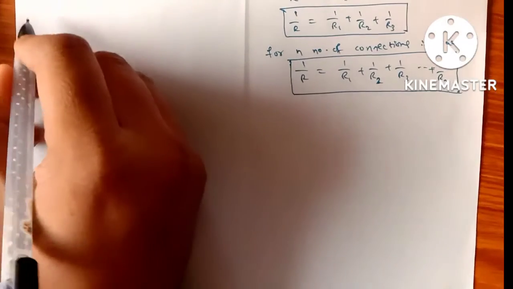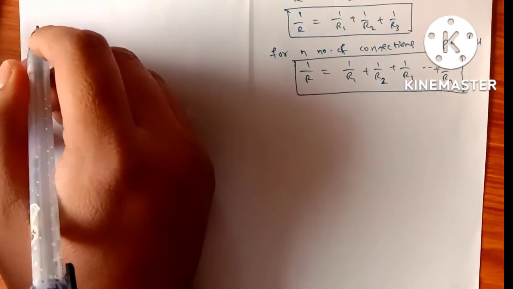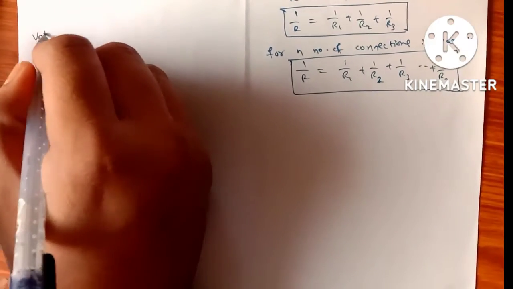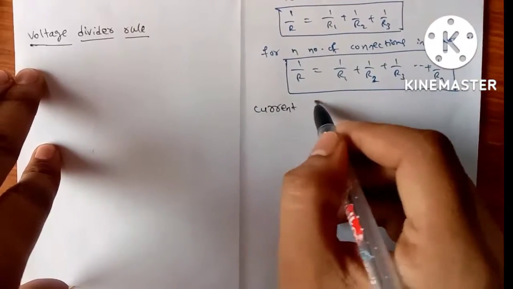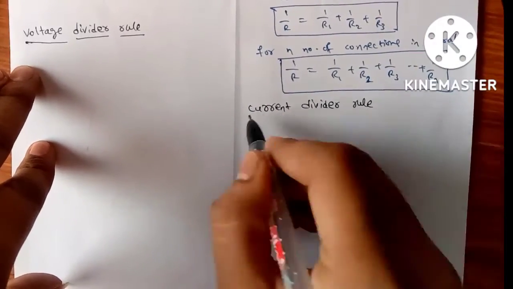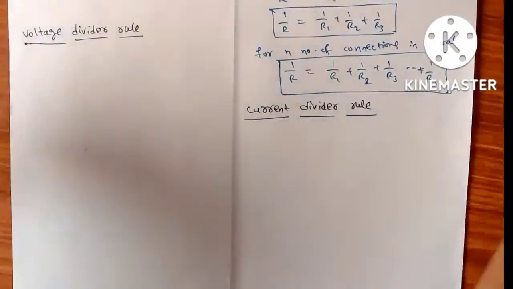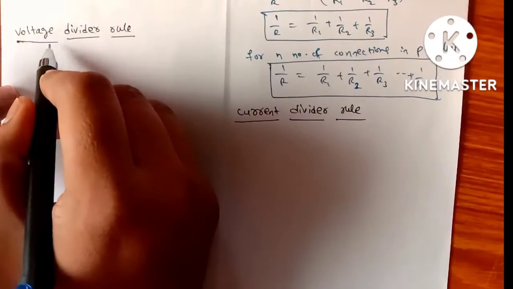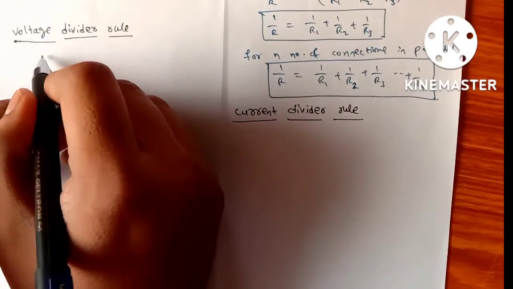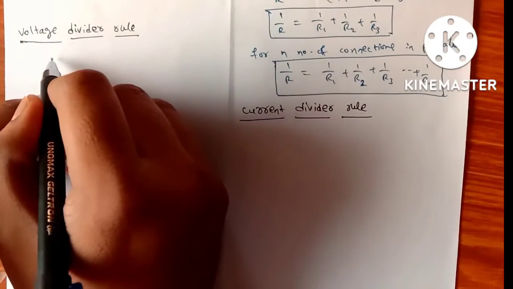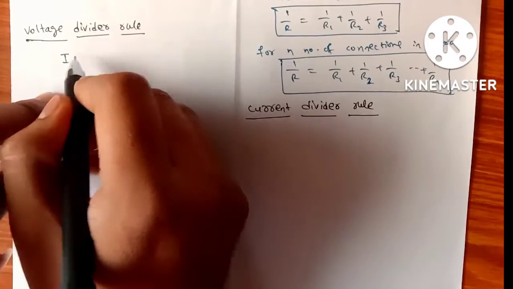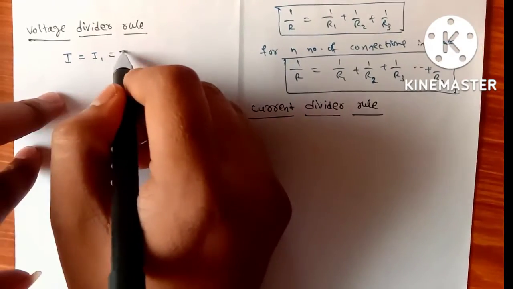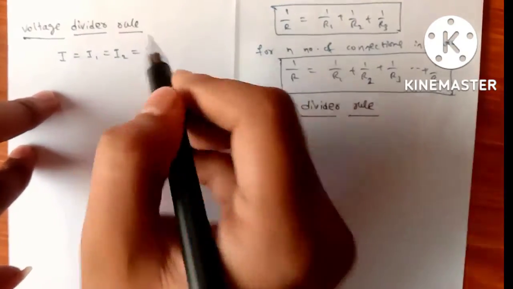What is voltage divider rule and current divider rule? Let us see now. In series connection, the current at all resistors is equal, as in the above example. Then I is equal to I1 equals I2 equals I3.